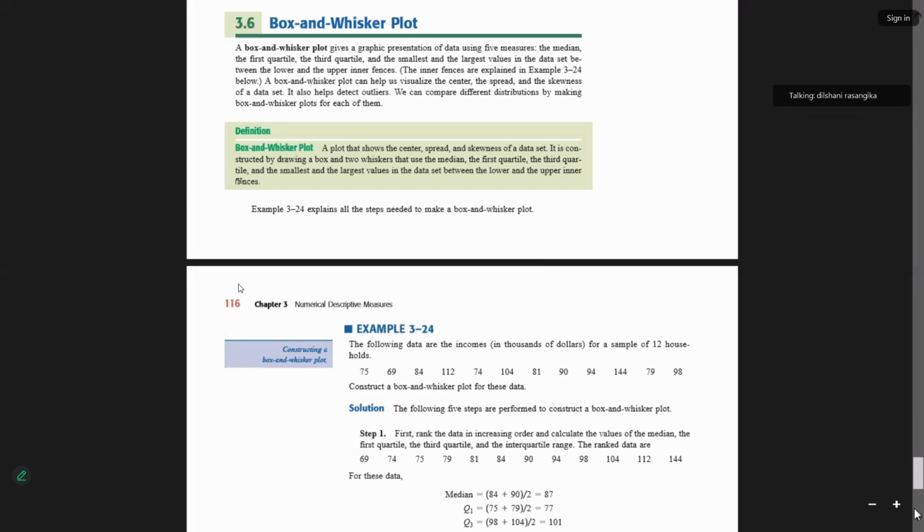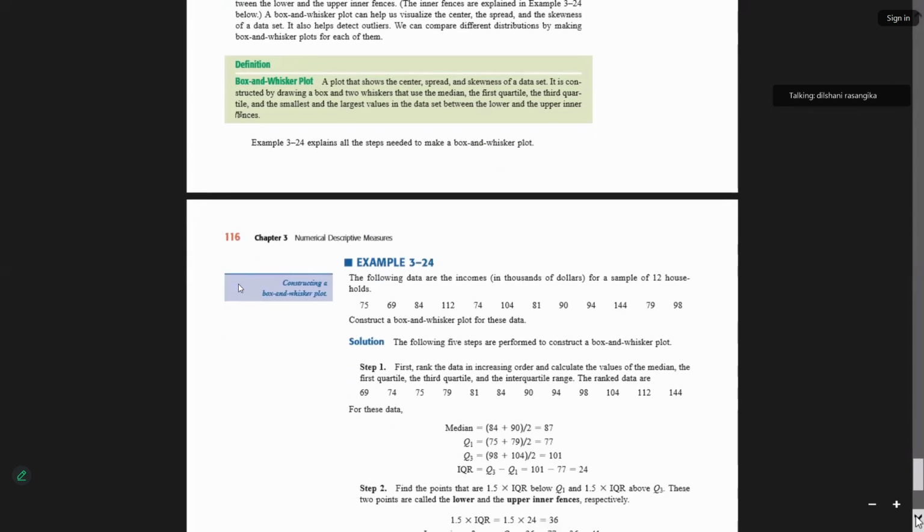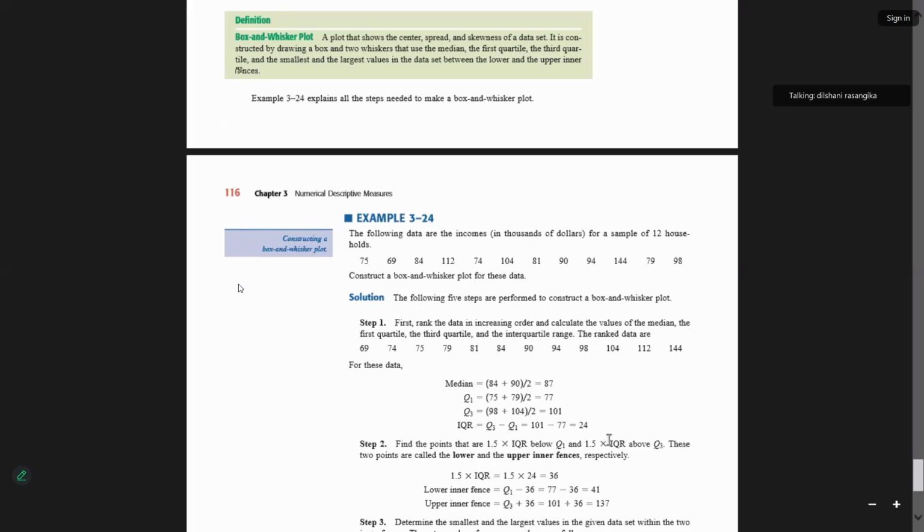So the first thing you need to identify is, first you need to study your data set, right? You don't need to memorize all these definitions, right? Because we are not asking what a box and whisker plot is in your examination paper. What we hope to give you is a problem to solve, right?